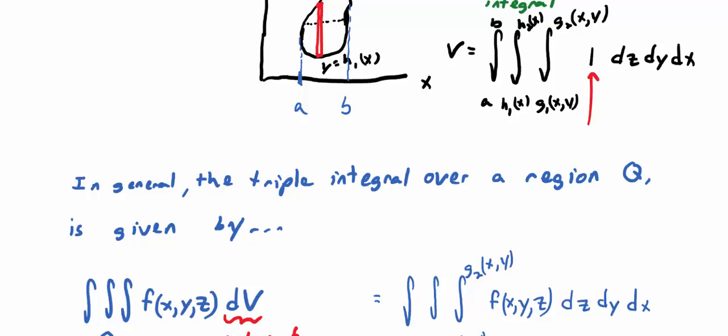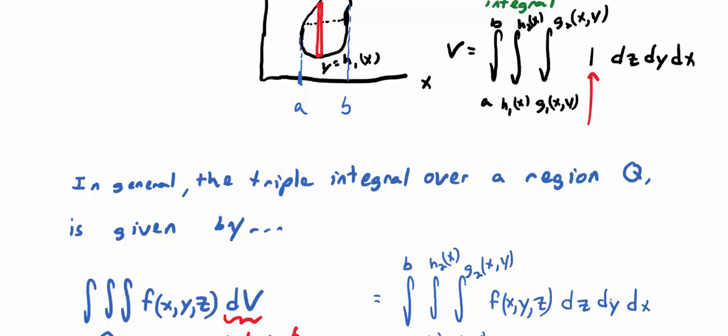So the inner limit would be z1 to z2 in the form of g1 of x, y, g2 of x, y. Then when you go with dz, dy, dx, the middle limits of integration will be functions of x. Y equals some functions of x, h1 and h2. And then the end ones will be what x ranges from when you project the solid down into the xy plane.